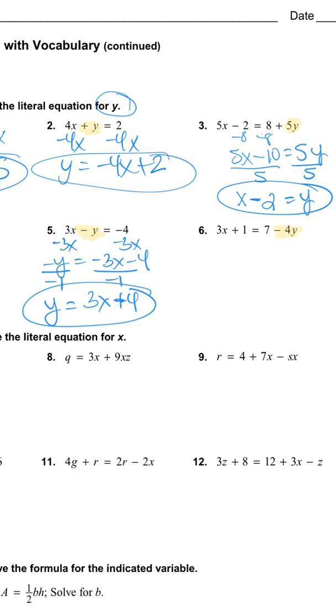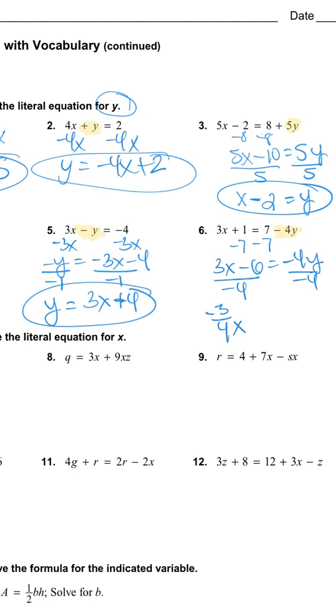Here we have negative 4y. We're going to end up getting that y by itself. We're going to move the 7 first, and 1 minus 7 gives us negative 6. Minus 4y, divide by negative 4. That sign has to go with it. So positive divided by a negative is negative 3/4 x.